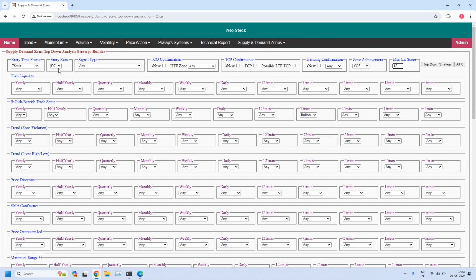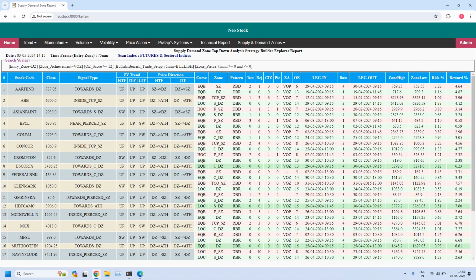See, whichever the entry zone you selected, for that zone only these 3 filters will be applied. Suppose if you select supply zone, the same filters will be applied to the supply zone. That's why entry zone is very important. Now let us filter the stocks. So here also we have a good number of stocks currently that are supporting bullish trade setup for weekly income trade.